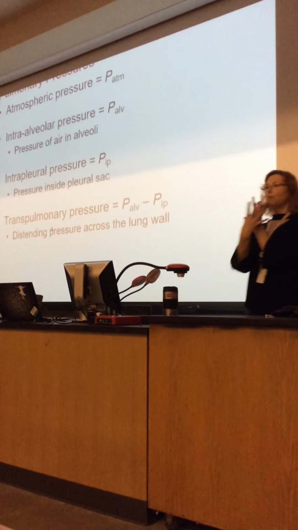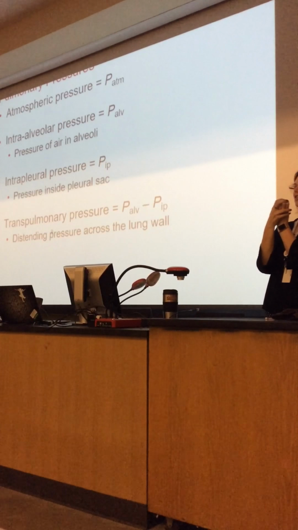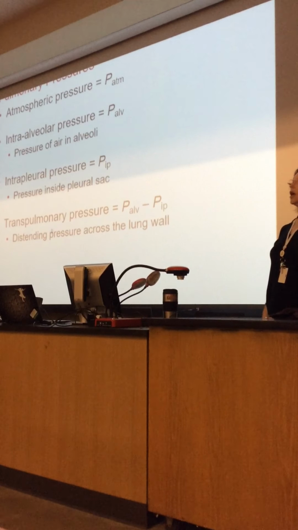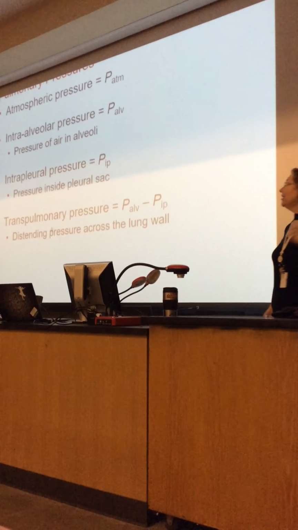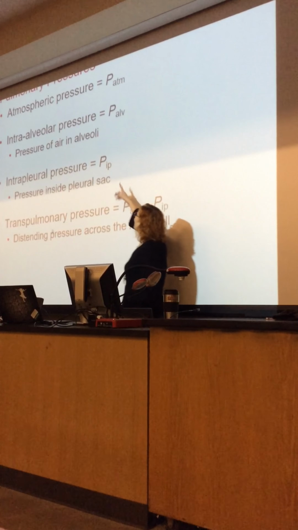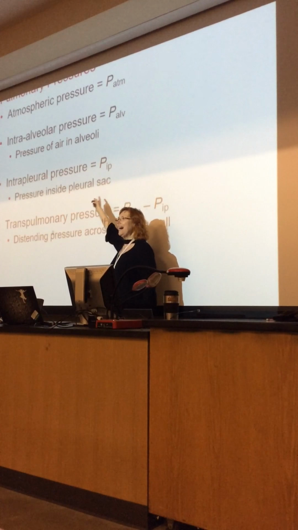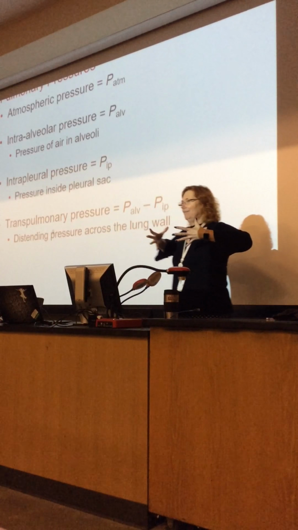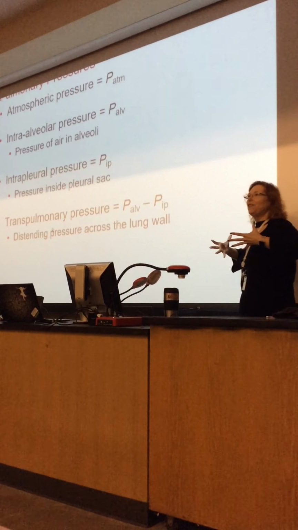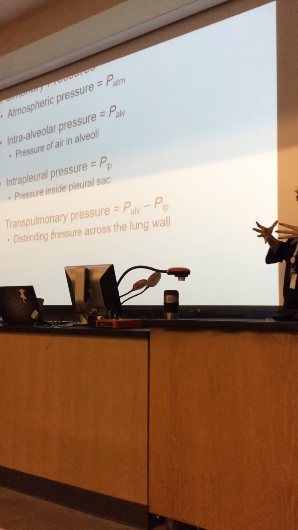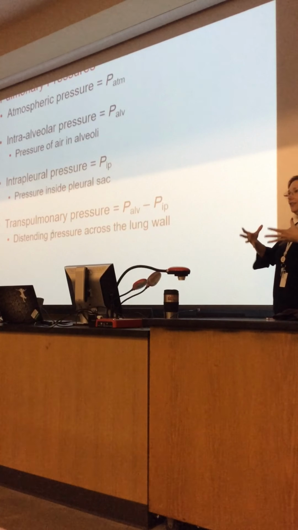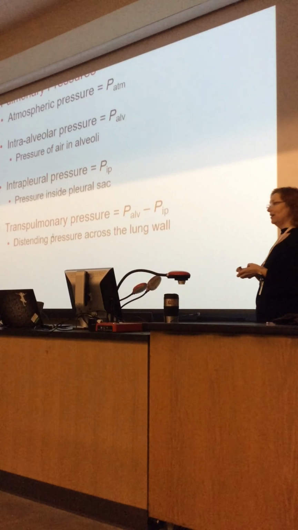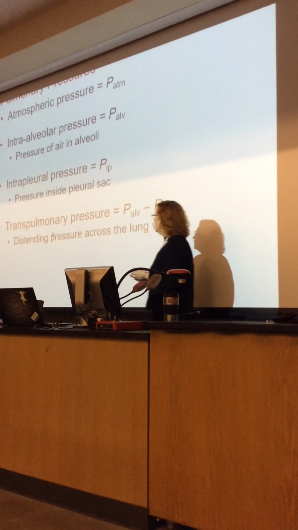The intrapleural pressure is pushing from the outside in. Who wins? The greater pressure. So if the alveolar pressure is higher than the intrapleural pressure, then the alveoli expand. If the alveolar pressure is lower than the intrapleural pressure, then the alveoli contract. Okay, makes sense?